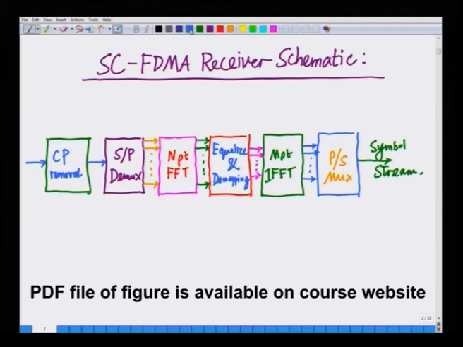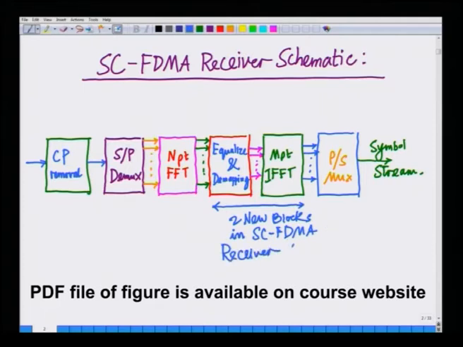If you look at this, these are the two new blocks that we introduced in the SC-FDMA receiver schematic, and then I get back my symbol stream.